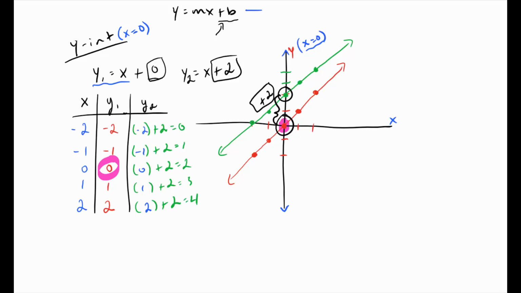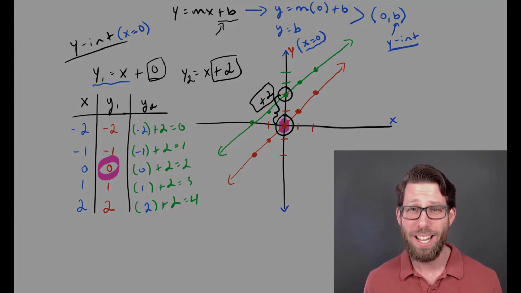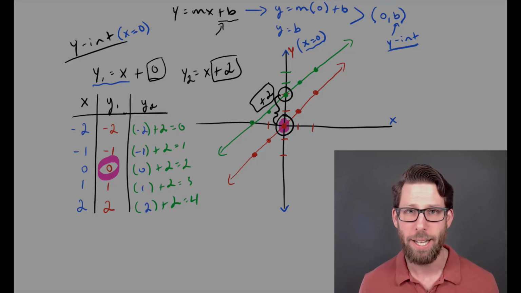And so if we do that with our generic form here, we get y equals m times x, where x is 0, plus b. Oh, well then y is just equal to b. So combining that together, we have the point where x is 0 and y is b, making it our y-intercept. And that's why the b is the y-intercept. Sounds a little weird when I say it like that.